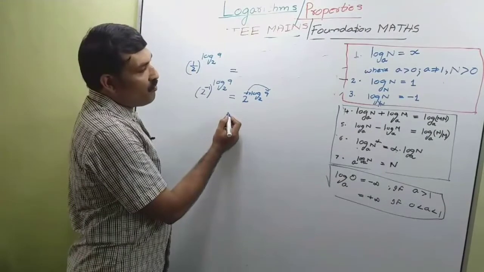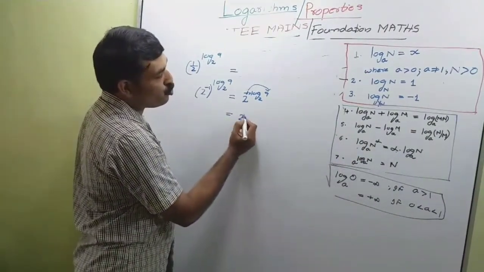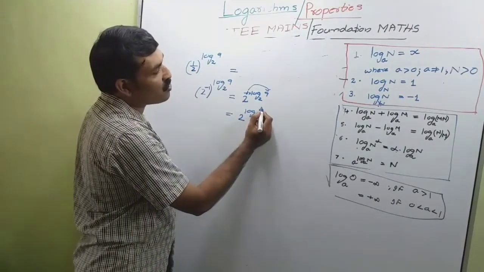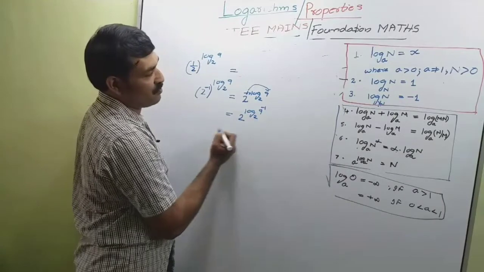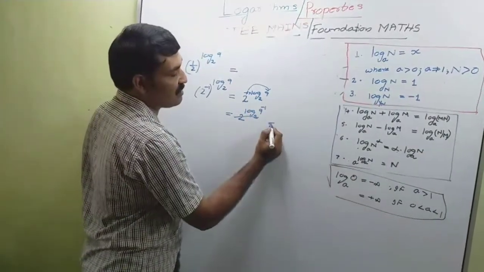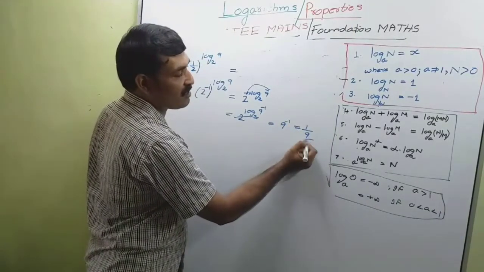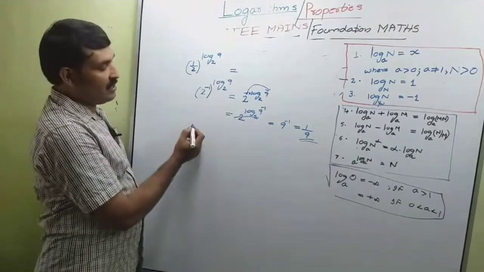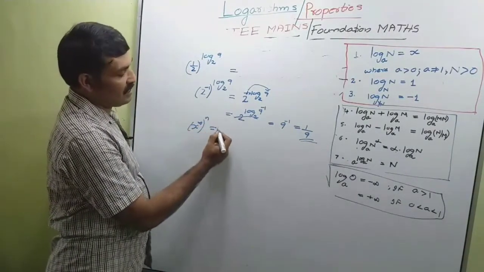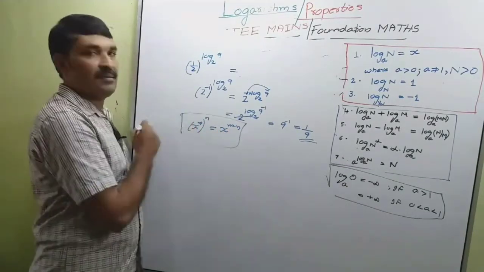So by using property 6, we can write this is equal to 2 raised to log 9 raised to minus 1, here base is 2. This 2 and 2 get cancelled using property number 7. This is equal to 9 raised to minus 1, is equal to 1 by 9. This is the answer. We know that (x raised to m) whole raised to n is equal to x raised to m into n. Right.